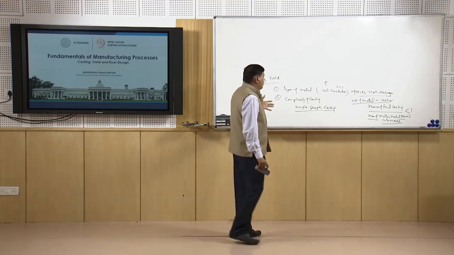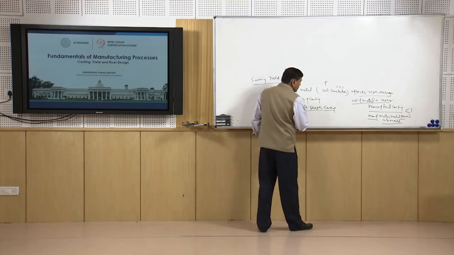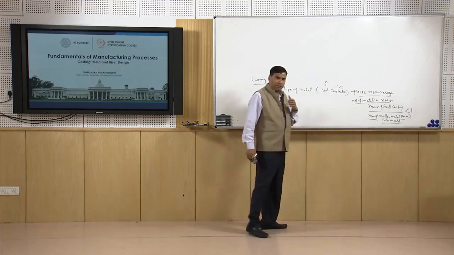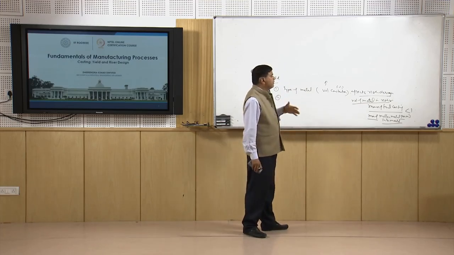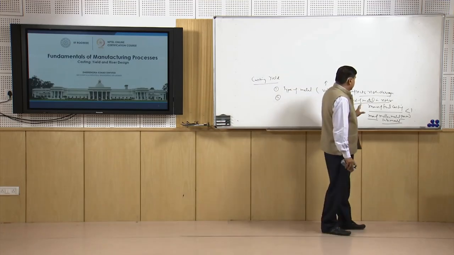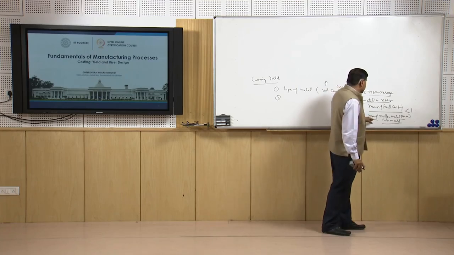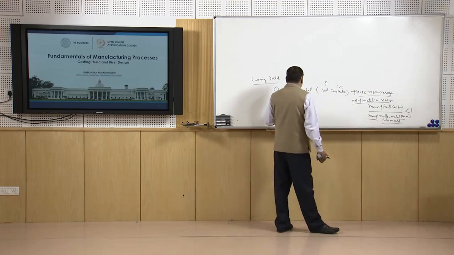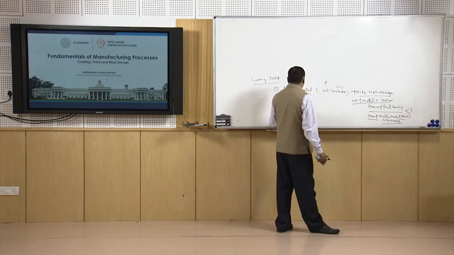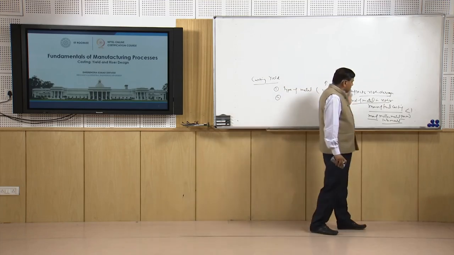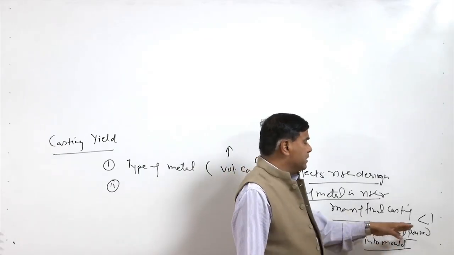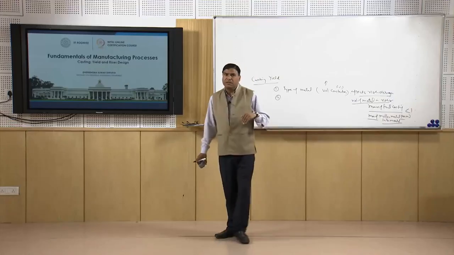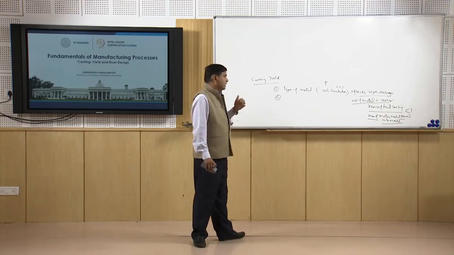Since the mass of the molten metal to be fed into the number of risers increases in the case of complex shape castings, this in turn reduces the yield of the casting. Increasing any factor, either the volumetric contraction or the increasing requirement of risering for complex geometric castings, increases the mass of the molten metal to be poured into the mold, because we need to feed molten metal into the risers so that it can compensate the shrinkages.